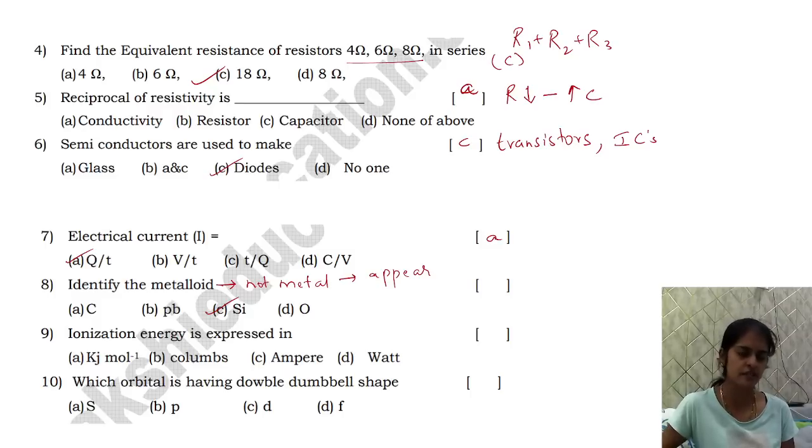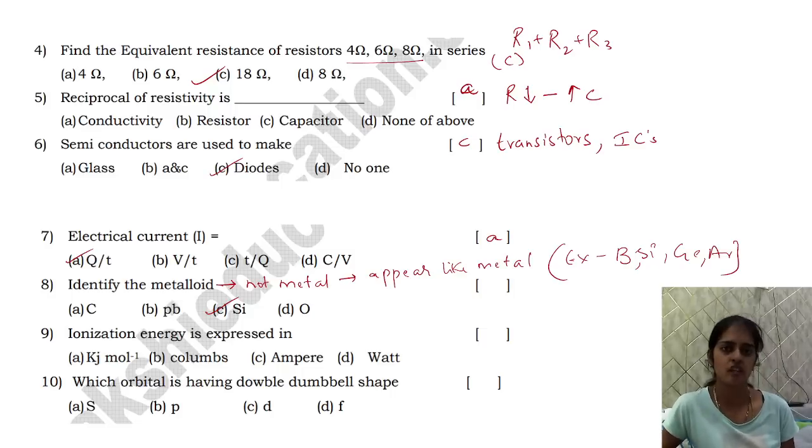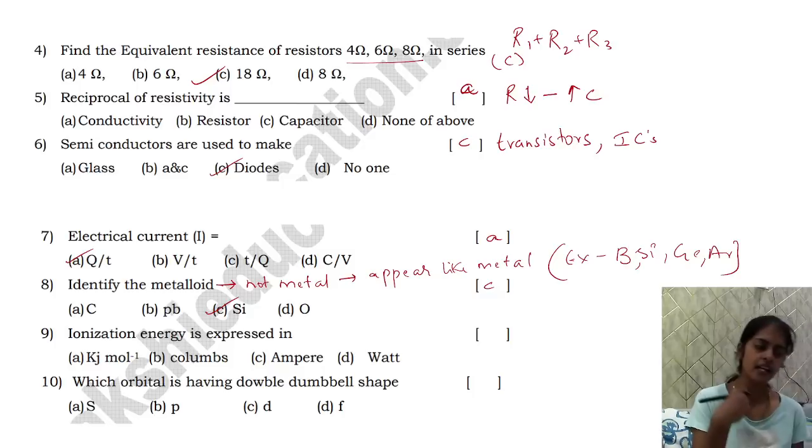So it possesses different properties. So we have silicon. Some more examples are boron, silicon, germanium, arsenic. All these are metalloids. So option C. Some more extra information I'm giving you, so that when the question is asked with some other options also, you should be able to answer.